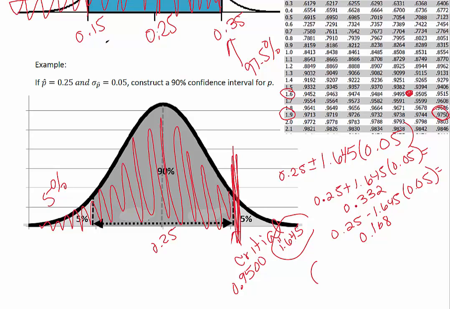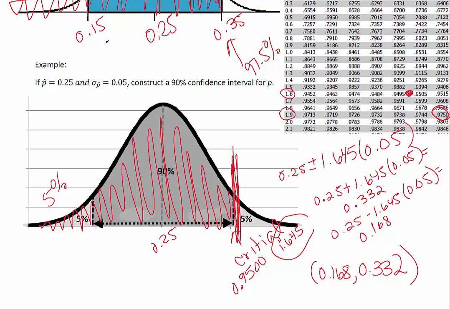And our goal is really to come up with the interval where we are 90% confident that the true proportion would lie between these two numbers.